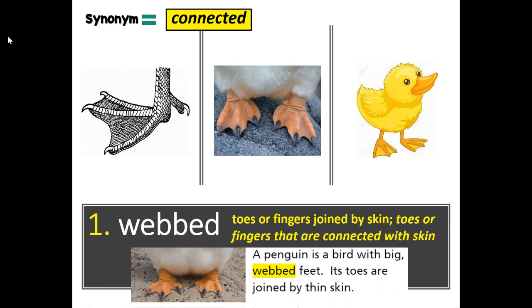A penguin is a bird with big webbed feet. Its toes are joined by thin skin. You could also say a penguin is a bird with big connected feet. Its toes are joined by thin skin.